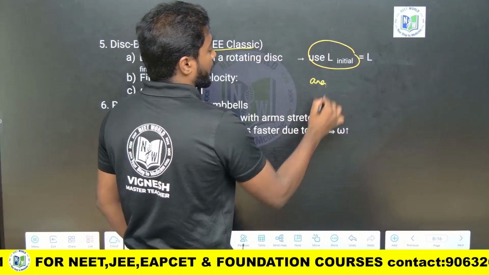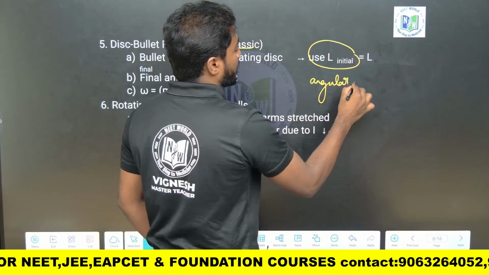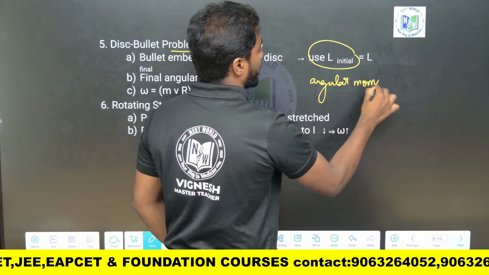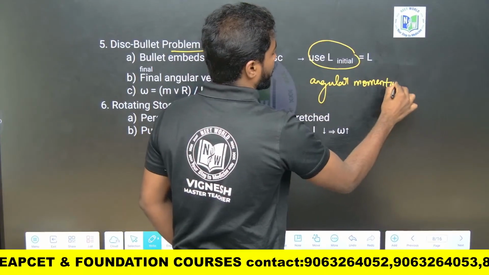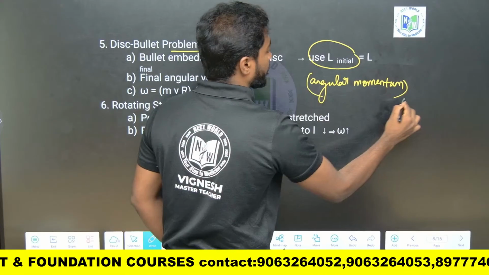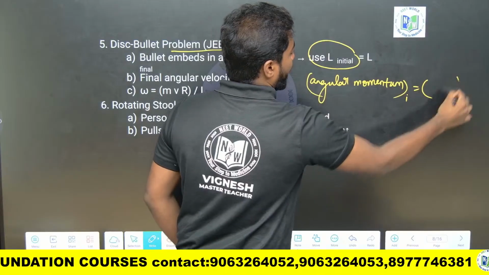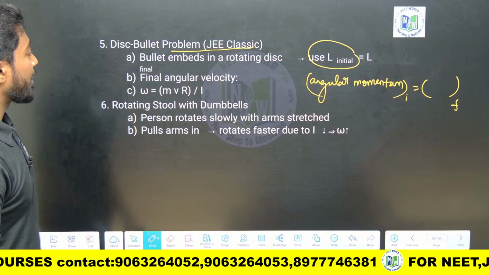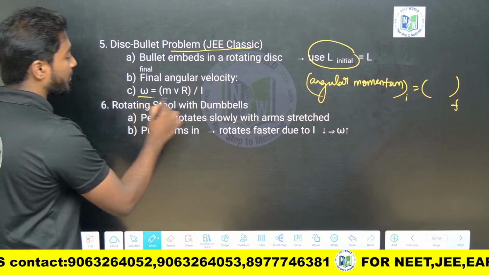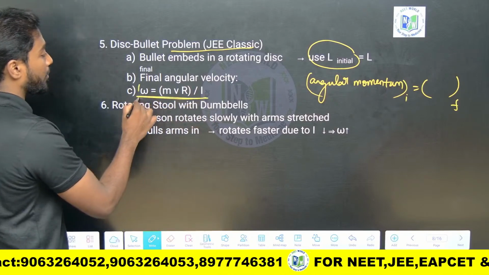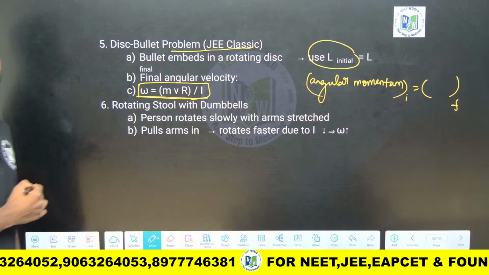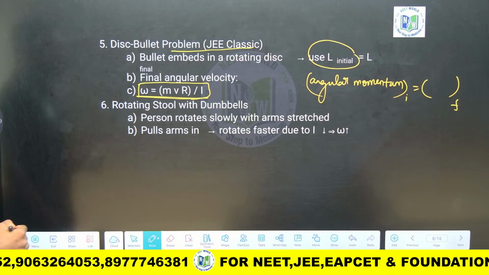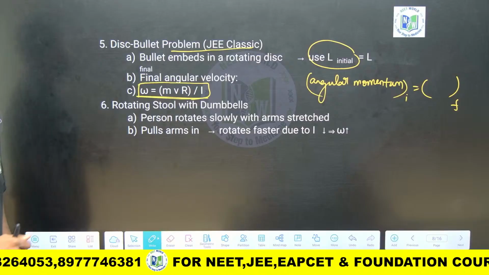Angular momentum initial should be equal to angular momentum final. I need to use that. So the final angular velocity omega is equal to mvr by I.